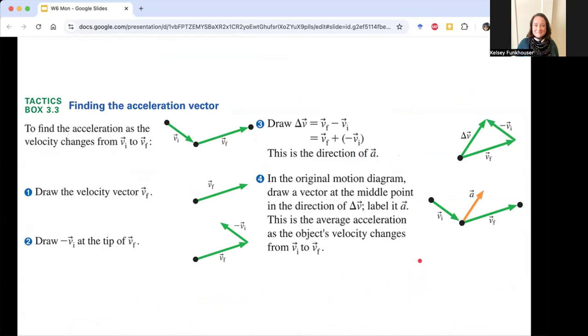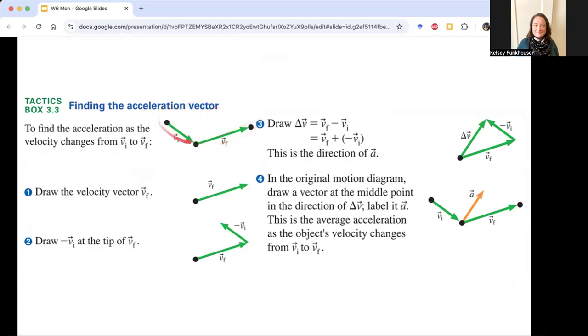Another thing to note, so again, we're thinking about these ones are the tangential velocity or linear velocity of an object in circular motion. And the acceleration is the change in velocity divided by the time. And so we can figure out the direction of the acceleration by using the velocity vectors.